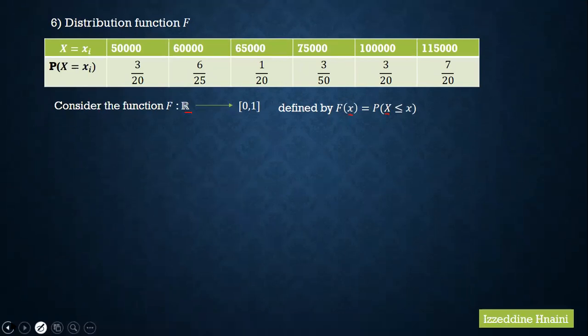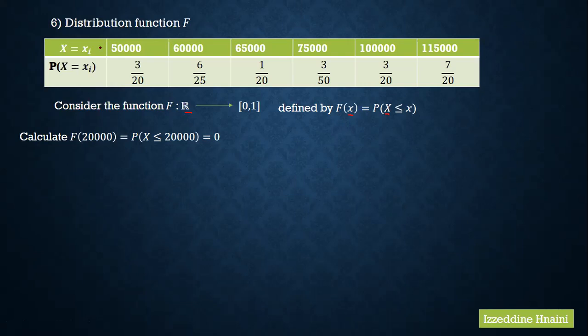For example, if I want to find F(20,000), this means I want to find the probability that the random variable is less than or equal to 20,000. But look in the table, the random variable X cannot be less than 50,000. So this event is impossible, so its probability is 0.